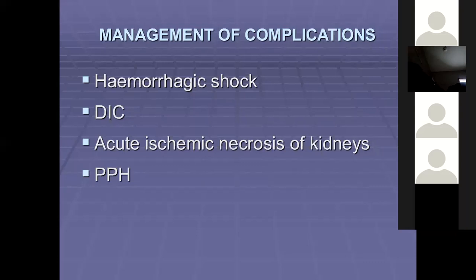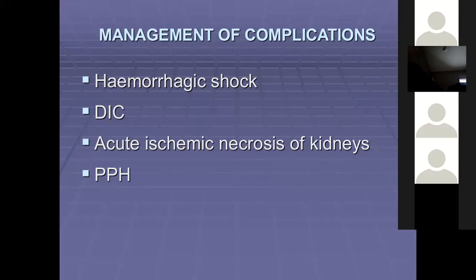Sometimes the patient may present to you with DIC, and you know DIC is a condition in which multiple organ failure occurs. Such patients we usually manage in an ICU setup. And because of heavy blood loss, the patient may develop acute ischemic necrosis of the kidney, which means she will present with acute renal failure.